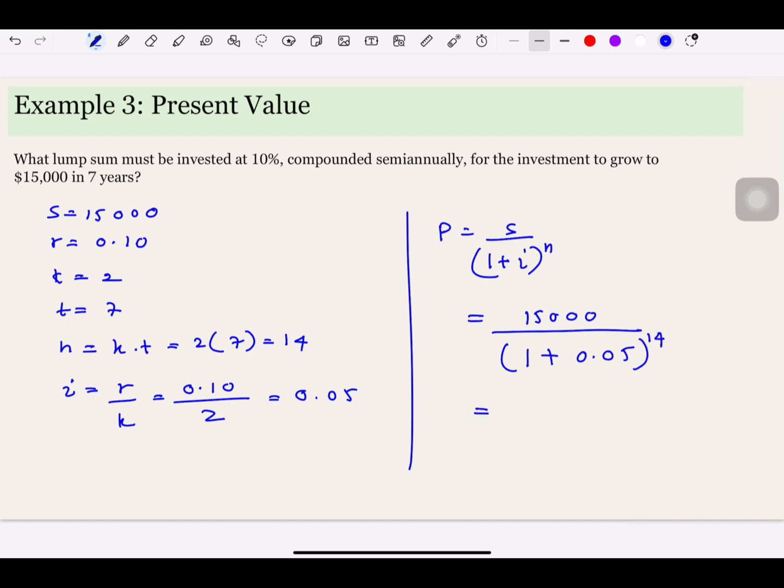If you use your calculator, you get this value, which is going to be $7,602.57. So you must invest approximately this amount of money today at 10% compounded semi-annually to get 15,000 in 7 years.